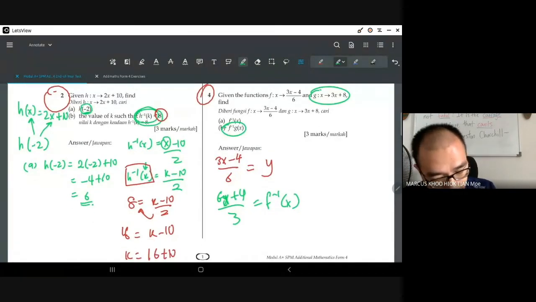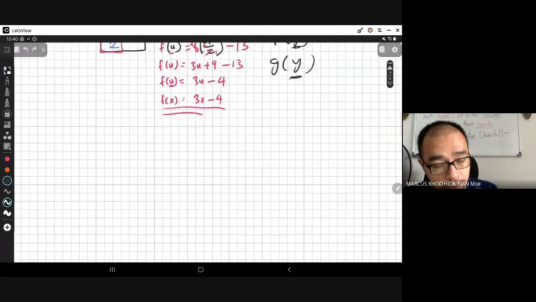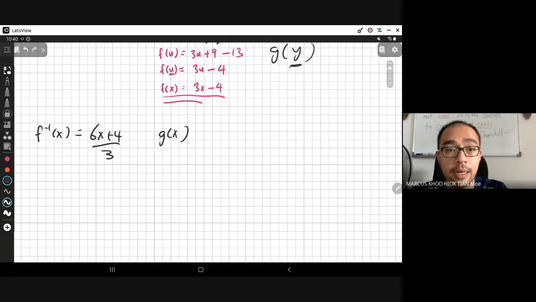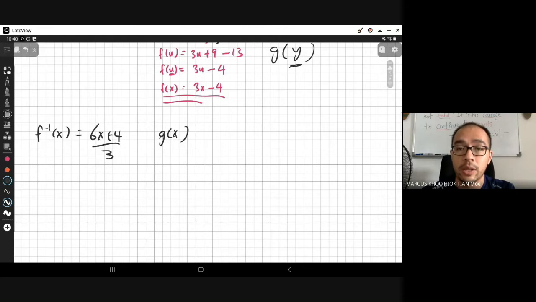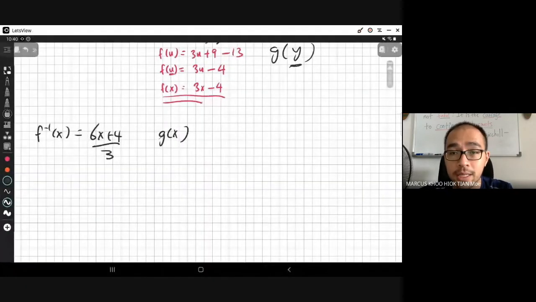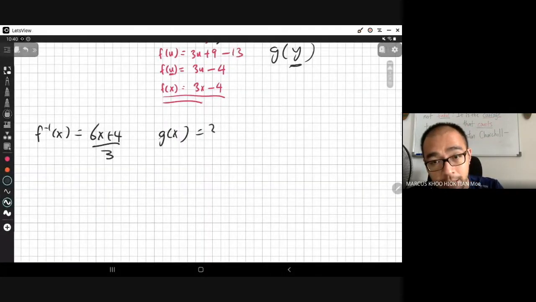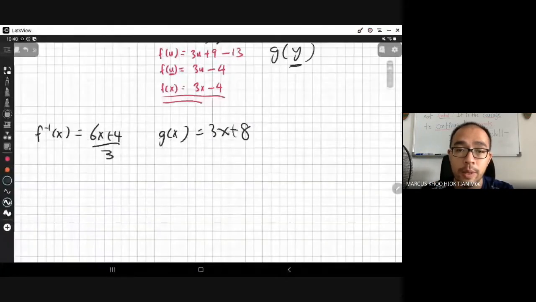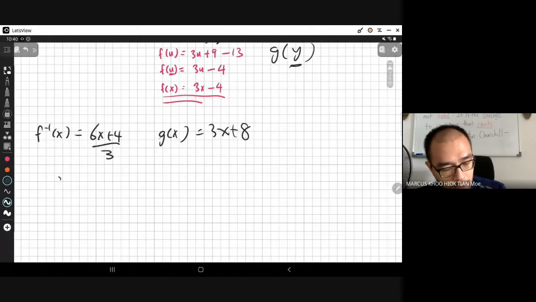So let me rewrite this. Our inverse function of x is 6x plus 4 over 3. And then the g(x) according to the question is 3x plus 8. So we want to find the inverse and then g(x).